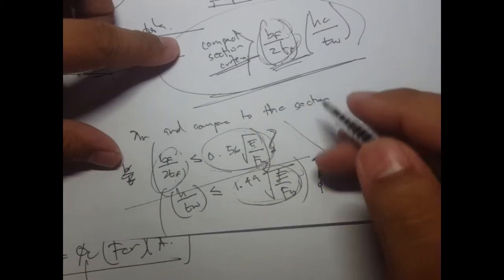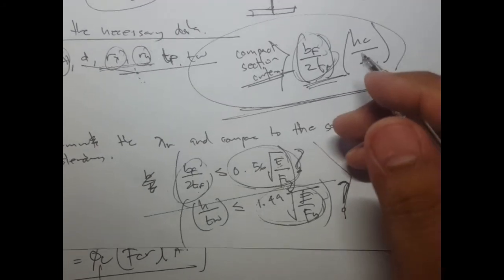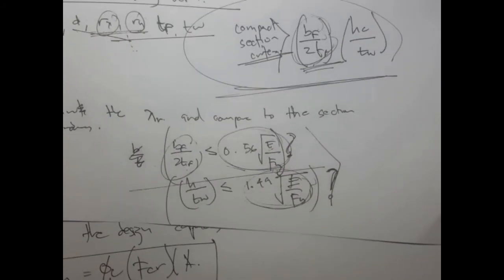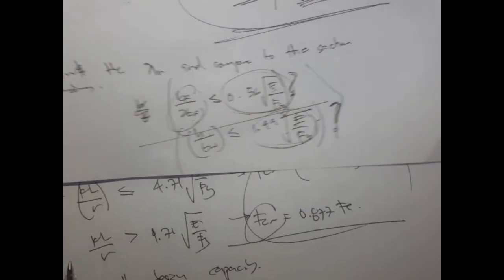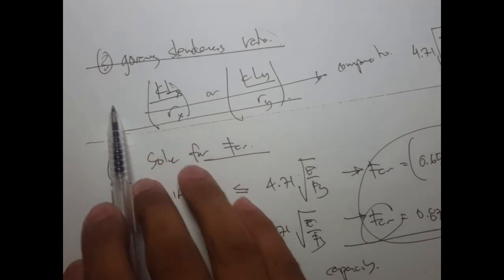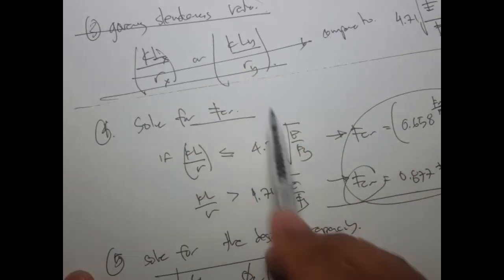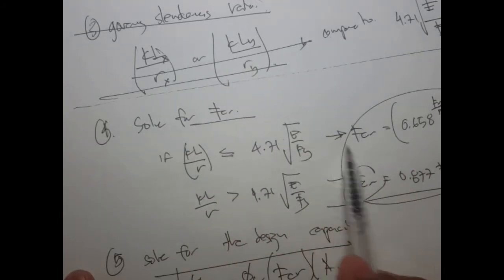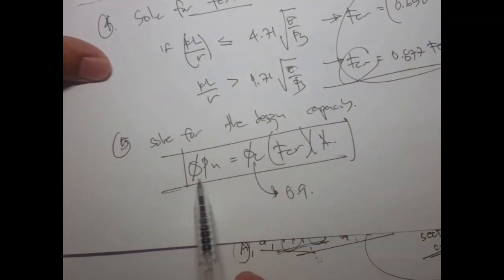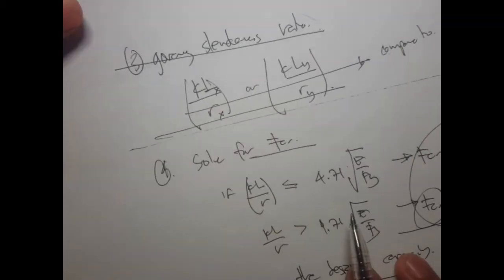Now, if our section is not slender, then we can proceed to our calculation. If we find out that we have slender elements, then we cannot proceed any longer because we didn't tackle those topics. The next step is to solve for the governing slenderness ratio, KL over r. Then you can solve for the critical stress Fcr, and once you have it all together, then you can find the design capacity.